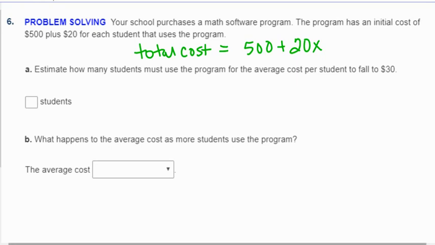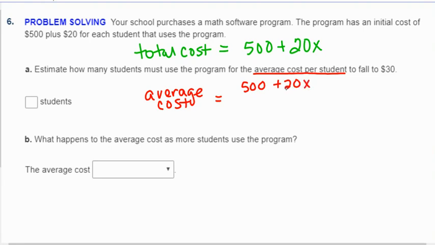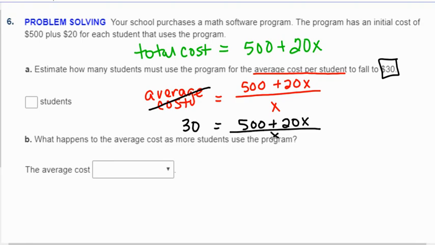Okay, if I want to take this and make an equation that relates it to the average cost per student, the average cost per student is going to be this 500 plus 20x, the total cost, divided by the total number of students. So this entire thing divided by the total number of students. Now we want the average cost to fall to only $30 per student. So the average cost is going to be 30 equals 500 plus 20x all over x.